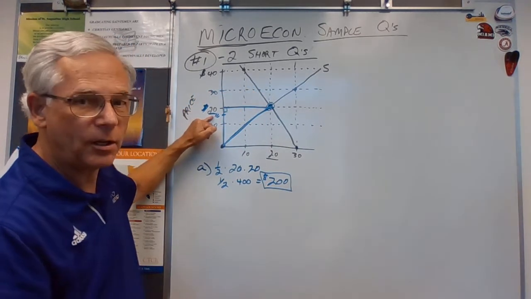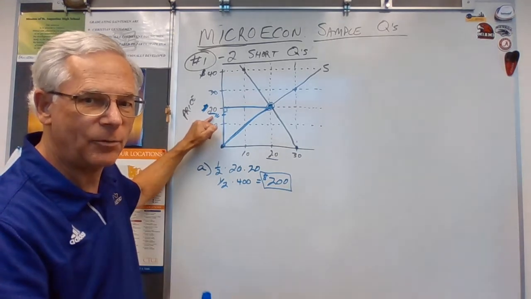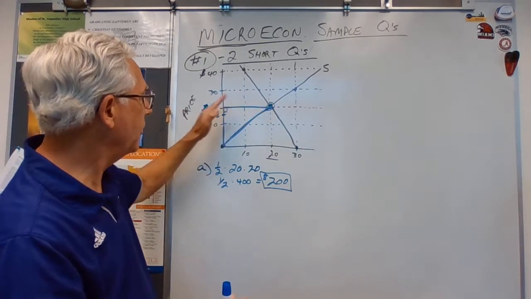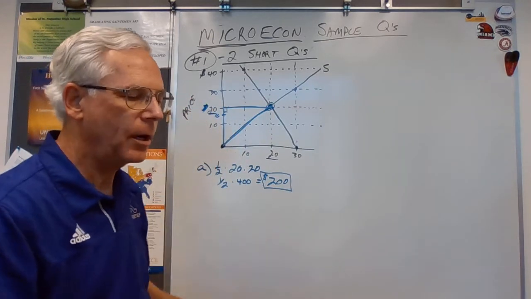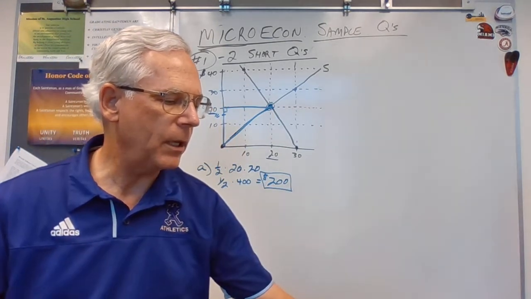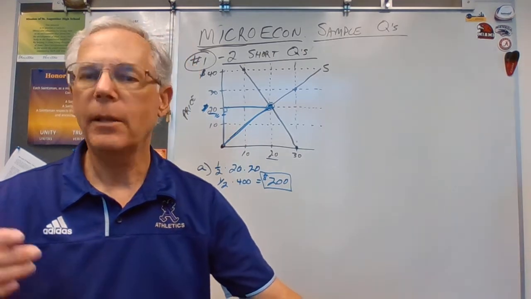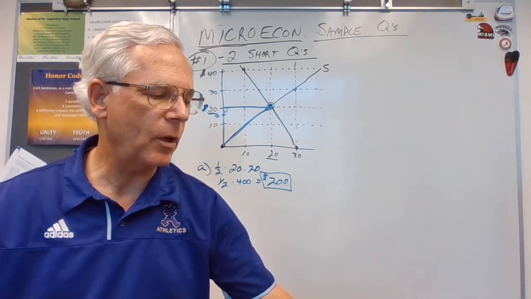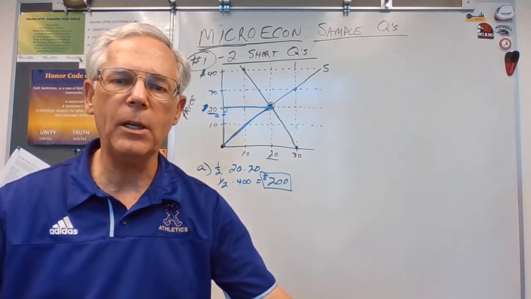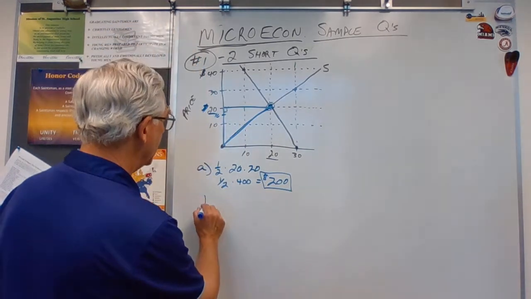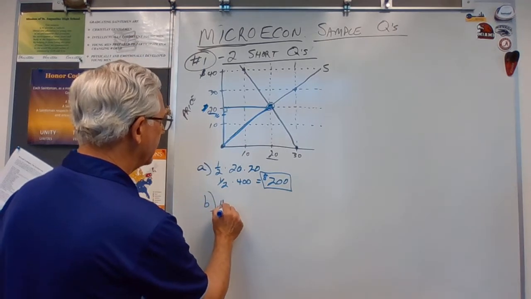So at $16, this is not an effective price floor, and the price will still be $20. Therefore, will there be a shortage, a surplus, or neither? There will be neither, because the price floor is below the equilibrium price. It's an ineffective price floor. So part B is neither.